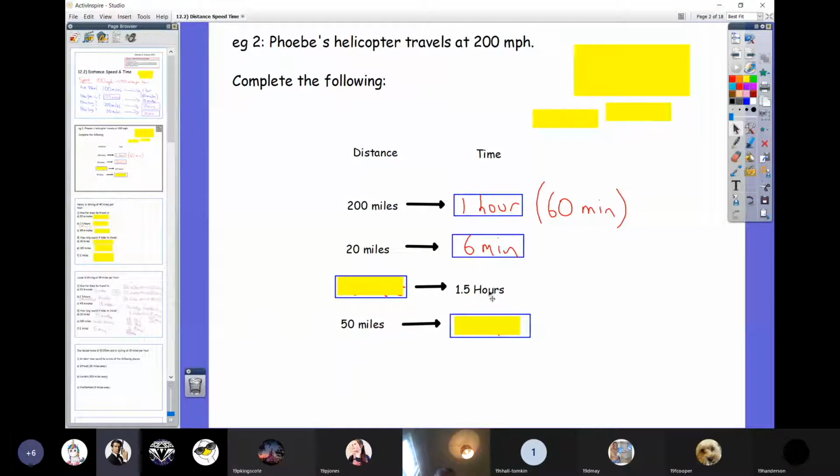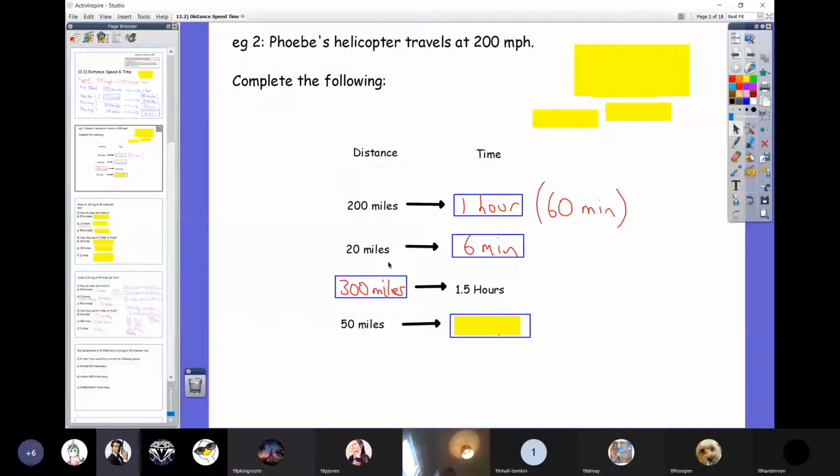So say the question said, how far will Phoebe go in 1.5 hours? Well, in 1 hour she goes 200 miles. Another half an hour, she would go an extra 100 miles. So in 1.5 hours, she could go 300 miles. So it's just proportional skills.